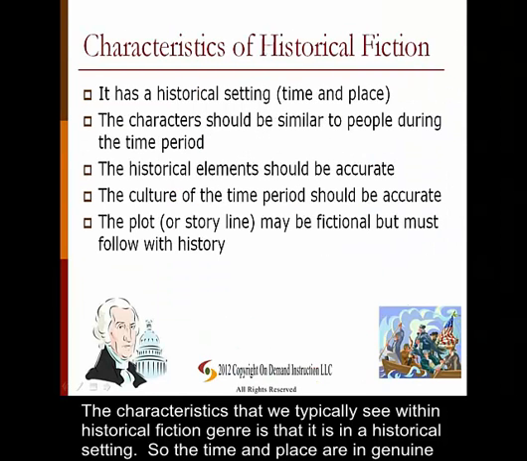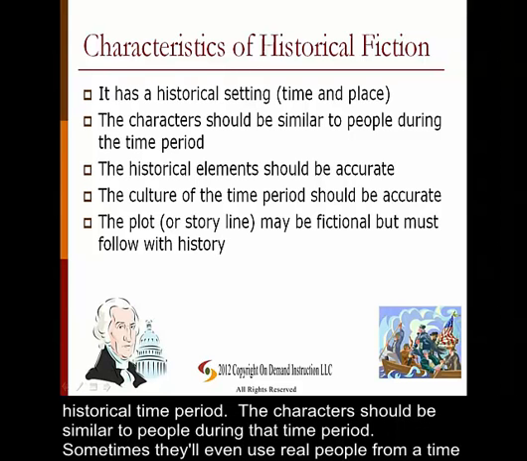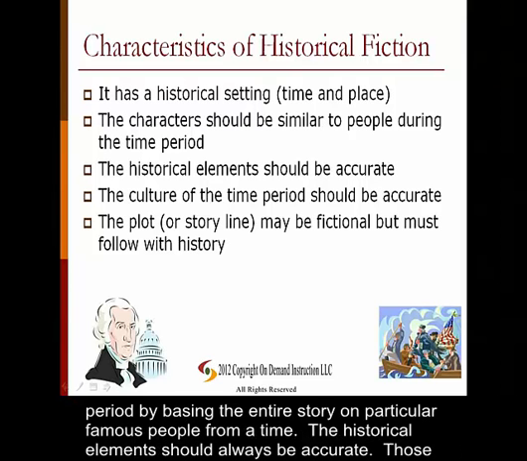The characteristics that we typically see within the historical fiction genre is that it is in a historical setting, so the time and place are in a genuine historical time period. The characters should be similar to people during that time period. Sometimes they'll even use real people from a time period by basing the entire story on particular famous people from a time.